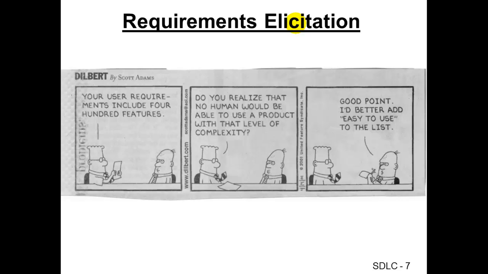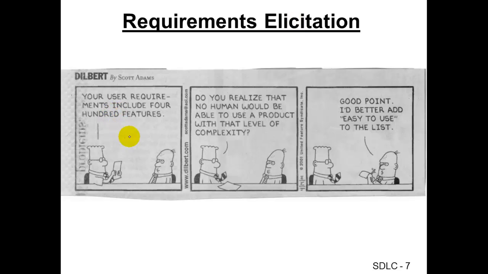The challenge of identifying requirements, we call requirement elicitation. This is part of the analysis phase, requirement analysis. Got it? In the analysis phase, the major deliverable is the requirements.